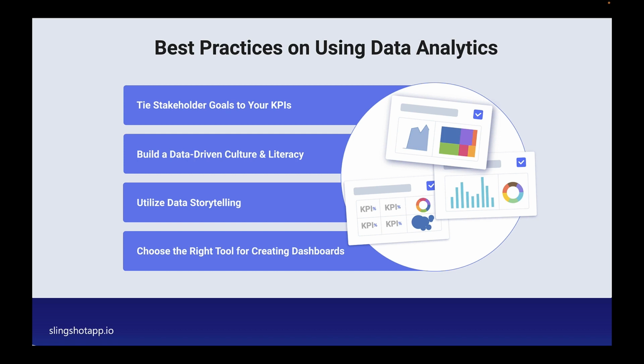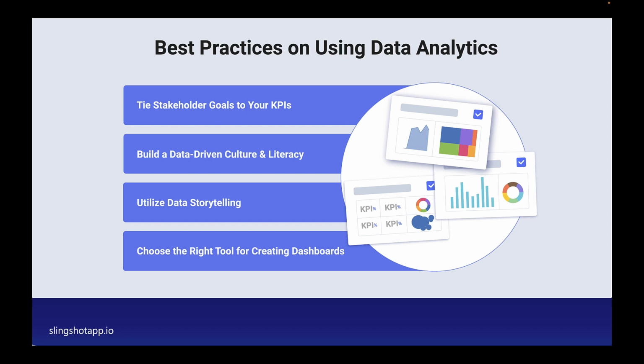Number one, tie key stakeholder goals to your KPIs. Aligning your marketing KPIs with the goals of your stakeholders is crucial for ensuring that your efforts directly contribute to the organization's overall success. So some tips for accomplishing this would be to hold regular meetings with stakeholders to understand what their objectives even are.